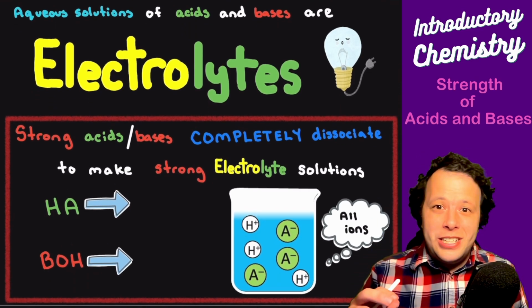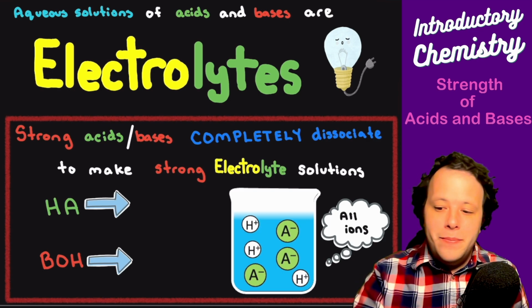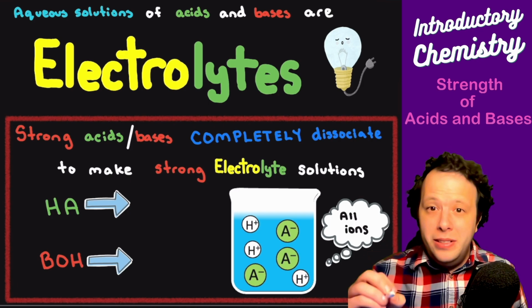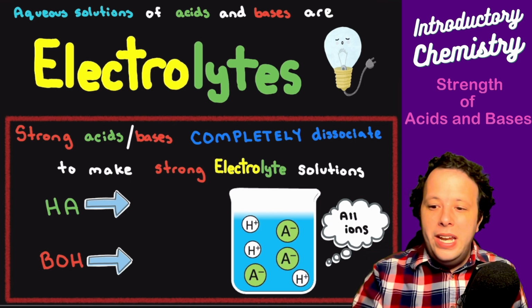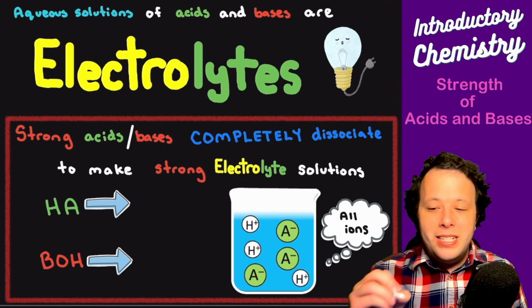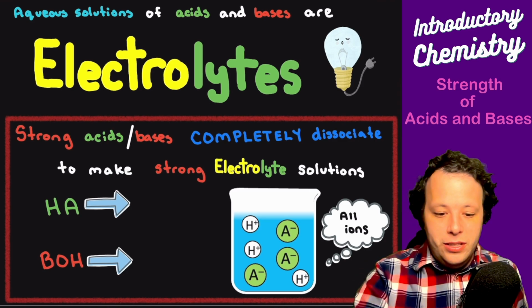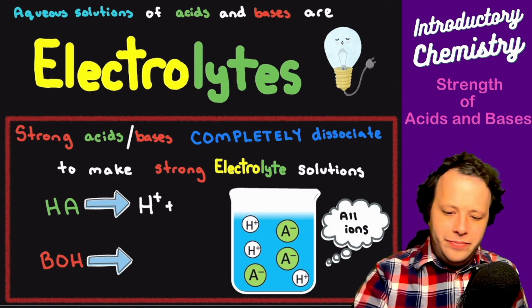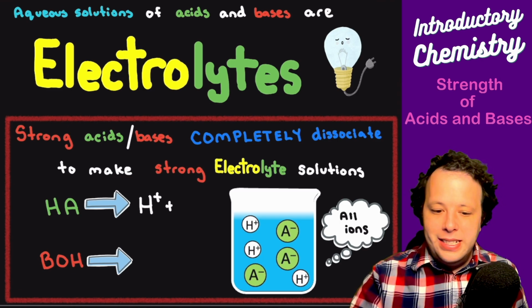Now, strong electrolytes, the most important thing about them is that they dissociate completely. What we mean by that is, when you throw, let's say, HA into solution, it's going to make all hydrogen ions and A minus ions.